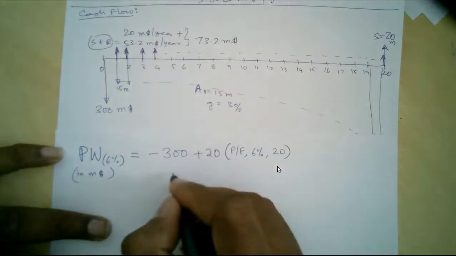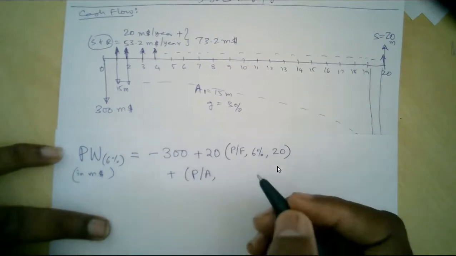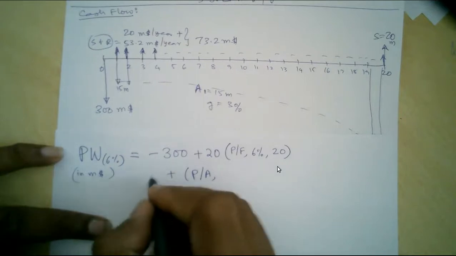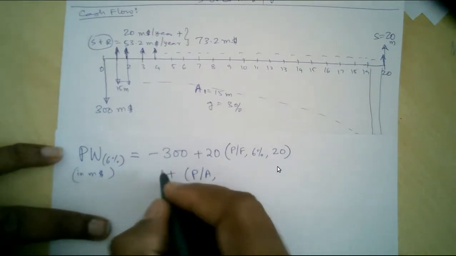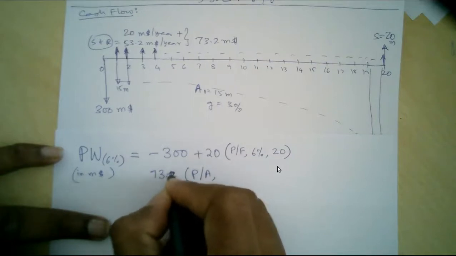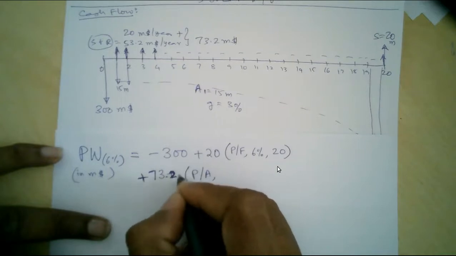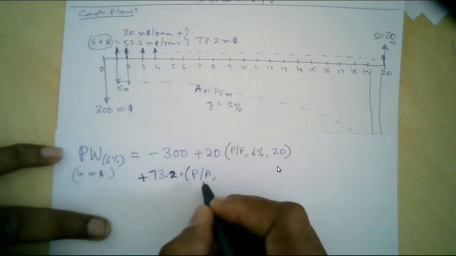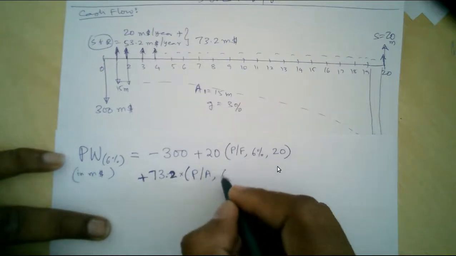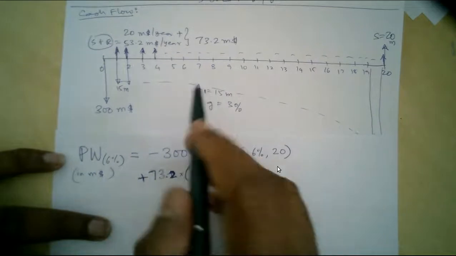So that also I want the present value given the annual payment. So I have to give that multiplication, 73.2. So 73.2 multiplied by this one. So equal annual payment is 73.2. What is the present worth? Again, 6% I have to use for 20 years. So I have taken care of this one.